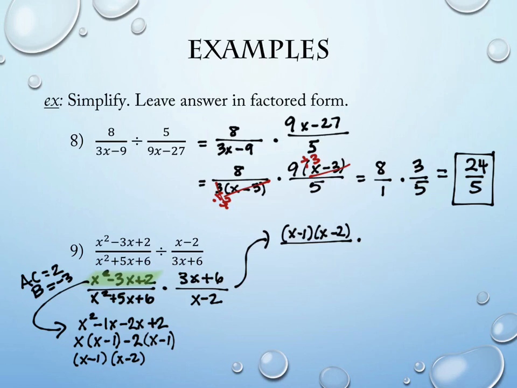All right, we'll do the second piece, which is the denominator of the first fraction. So AC is 6, B is 5. Two and 3. Bailey's signaling up here. It is 2 and 3, positive, both of them, yeah.